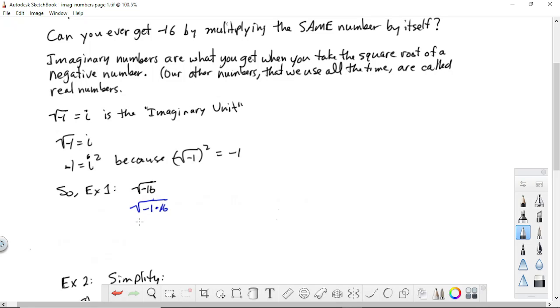Then we can split that into two different radicals. This is how we deal with it, because now we have the square root of negative 1 right here.